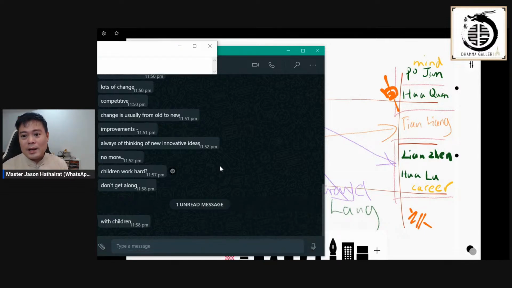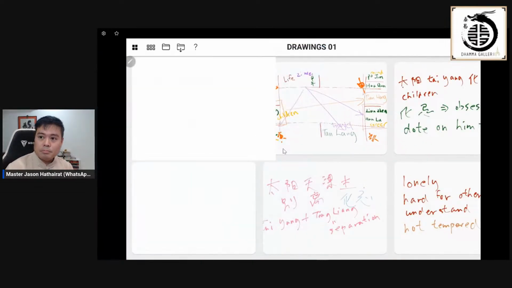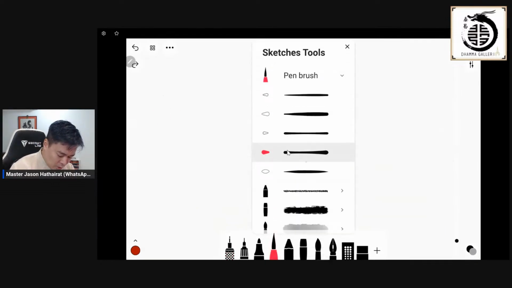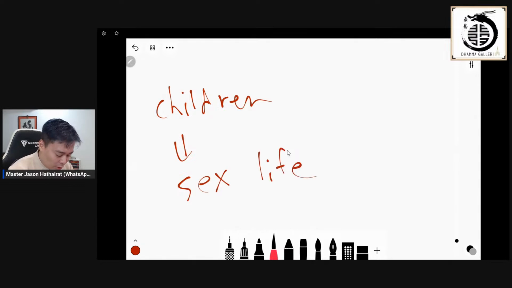All right, any doubts or confusion related to the children's domain pairing with 化忌 and 太阳? Another possibility is that the children's domain also represents our sex life, because without sex, you cannot have children, right? Commonsensical.